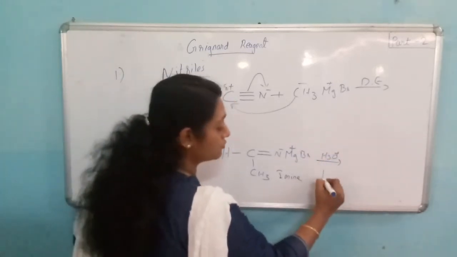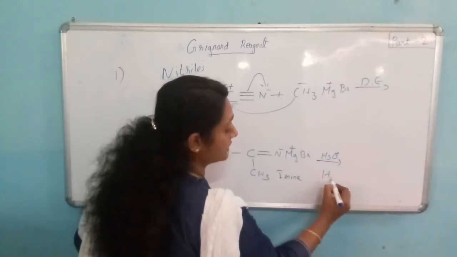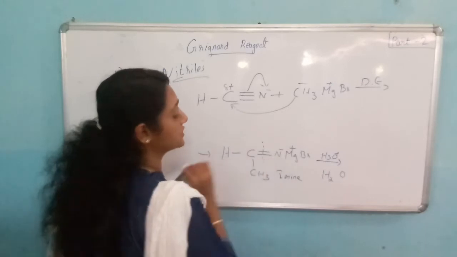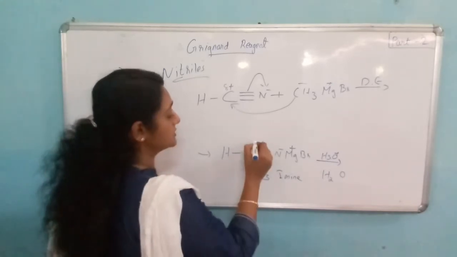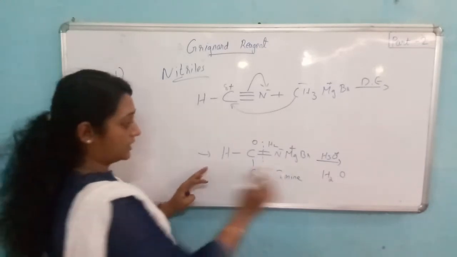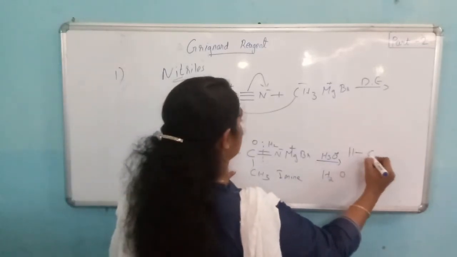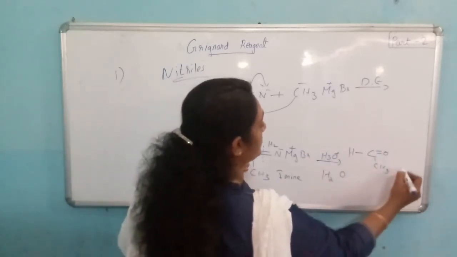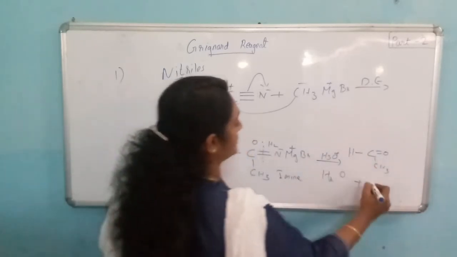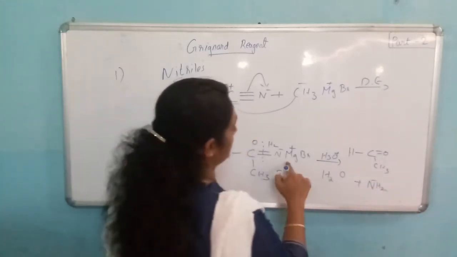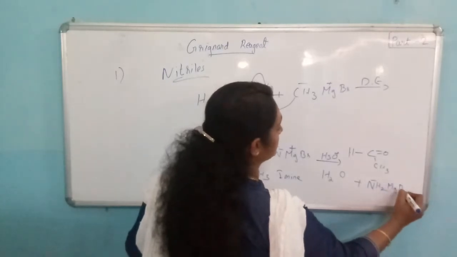Here the addition of water is by addition of hydrogen and oxygen to this carbon nitrogen double bond. Oxygen is added here and hydrogen is added on nitrogen, and we get the product HC double bond O with CH3, plus N with a negative sign and H2, then MgBr.